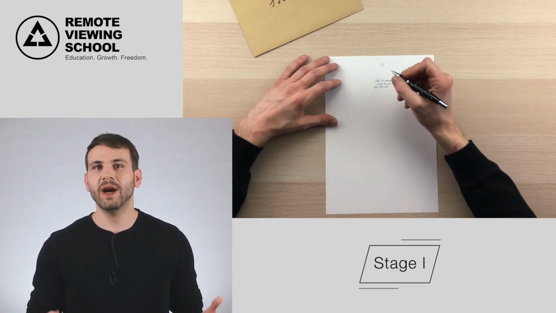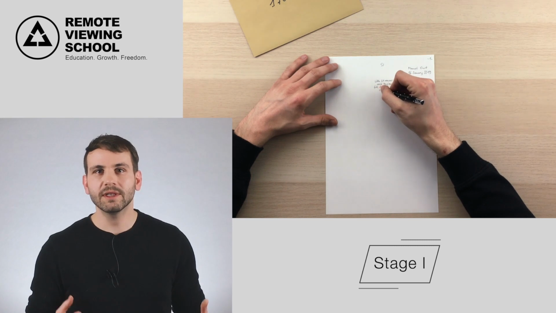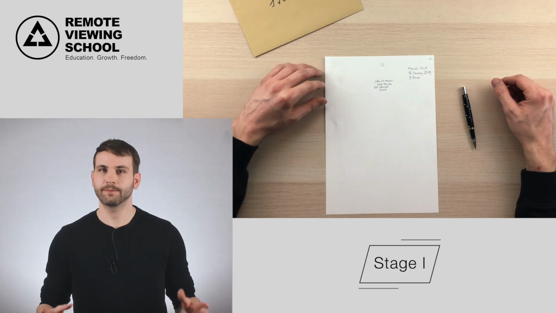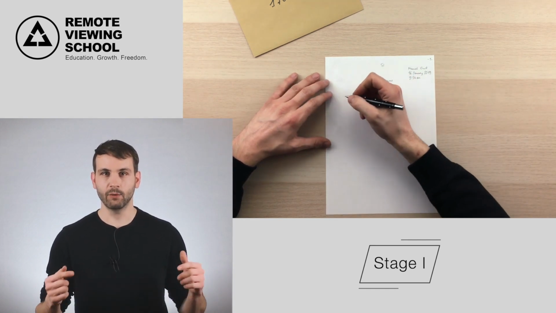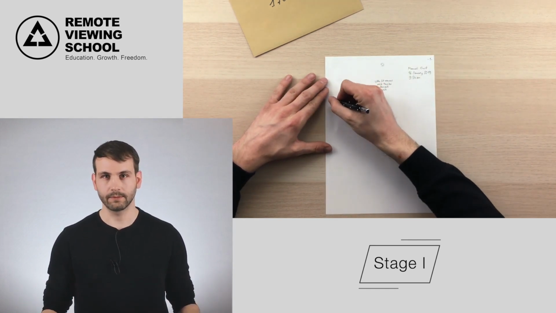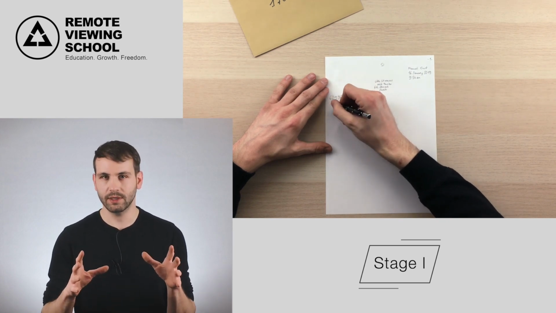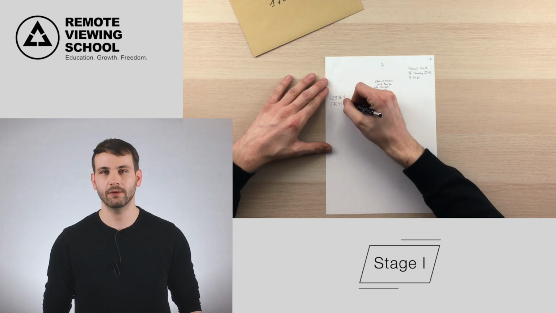This is an important part of the protocol because it ensures that we start the session in a neutral and unbiased way. When I have done that, I pick up the pen again and write down the task number. While I'm writing down the number, I'm already fully focused on it. Only this is important now.